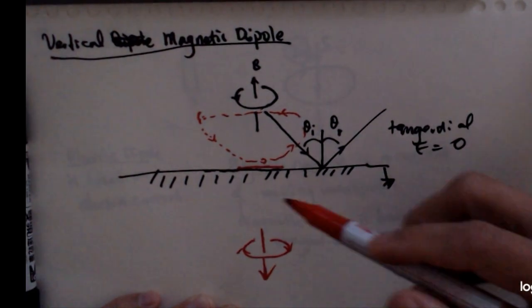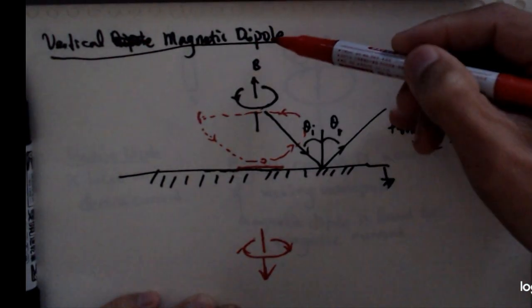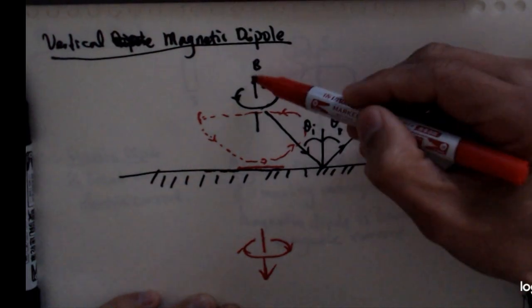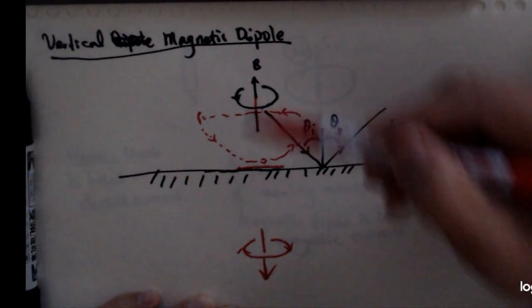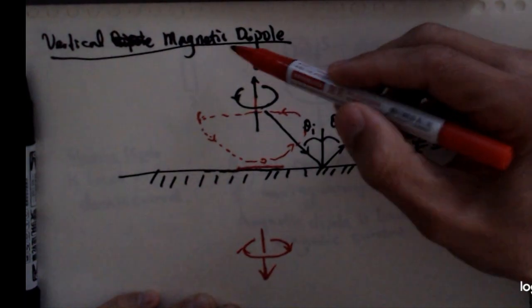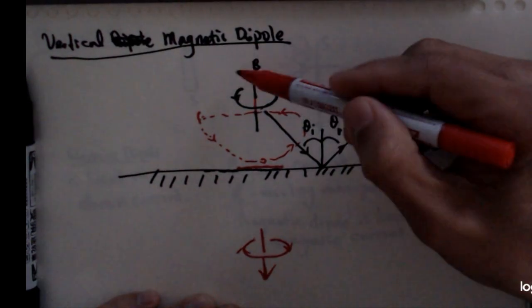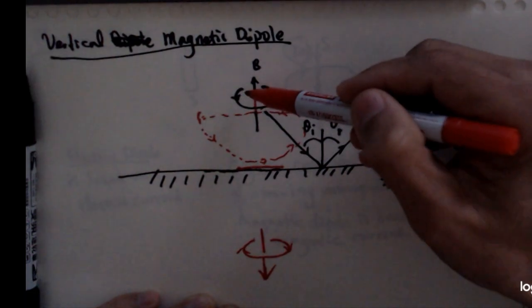So that's why the current loop will produce a vertical magnetic dipole.